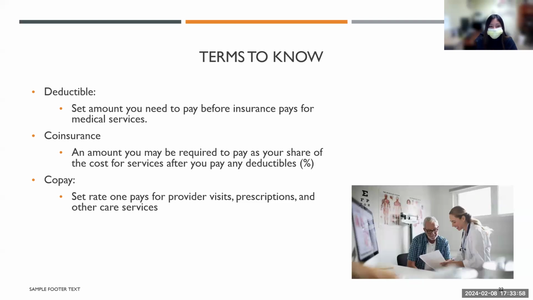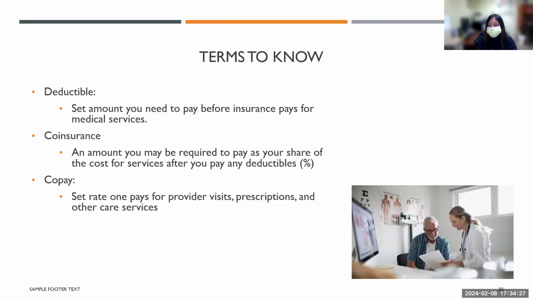Next, we have coinsurance, and coinsurance is a little tricky to understand as it can get confused with copay, but coinsurance is the amount that you may be required to pay as your share of the cost for services. This is after you pay any deductible. So it's typically a percentage. Let's say you're done paying your deductible and your insurance starts paying for your services.